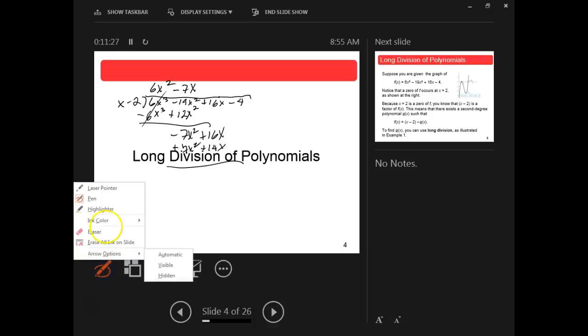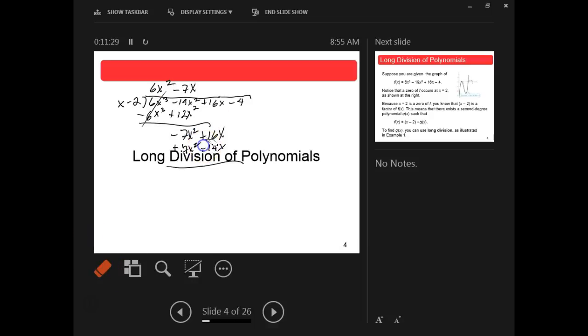Now I'm going to change that to a minus, and then add. When you add negative 7x squared to plus 7x squared, 0, exactly. And what do you get when you add the next two? 2x. And then bring down the negative 4, bring down the sign with it.